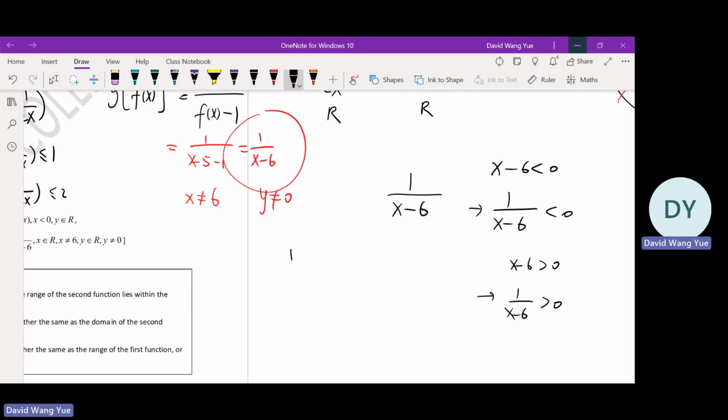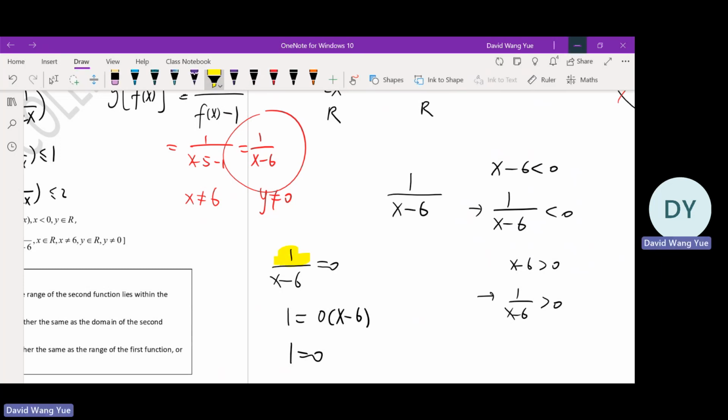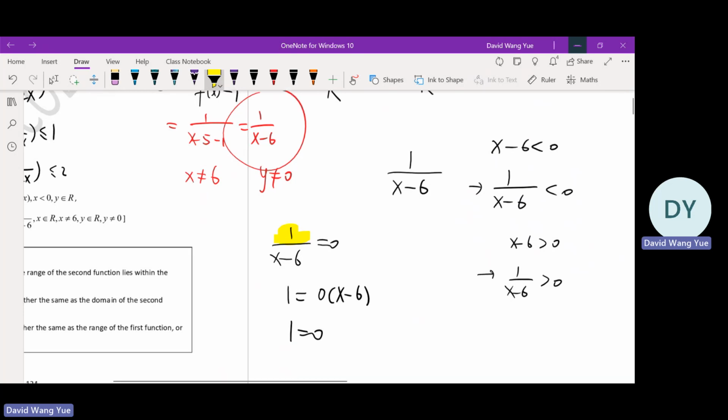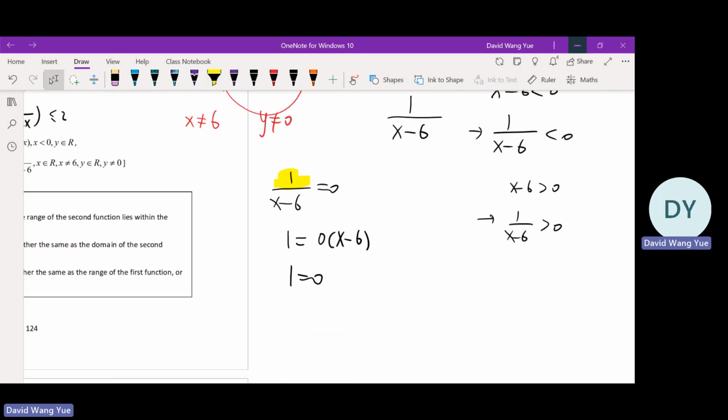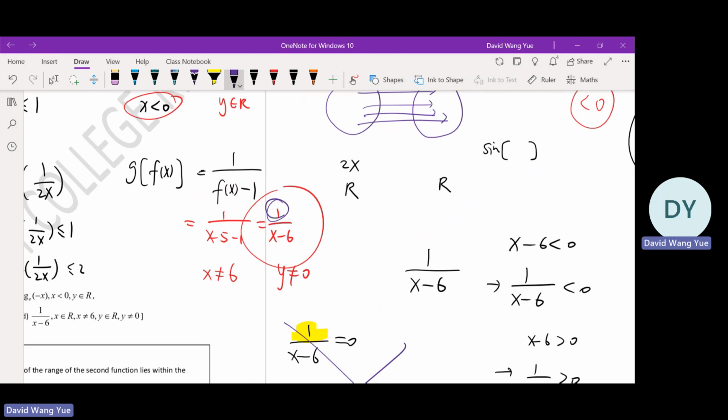But the fraction is equal to 0 only when the numerator, the top, is equal to 0. Unfortunately, here the numerator is 1, which is non-zero. So if I make this fraction equal to 0, I will get 1 equals 0, which is impossible. That's why if the numerator is non-zero, the whole fraction will not be 0. So that is the range for this one.